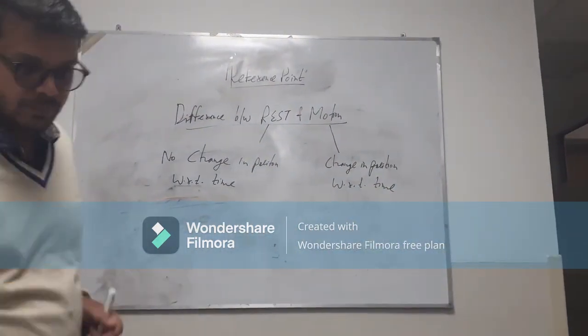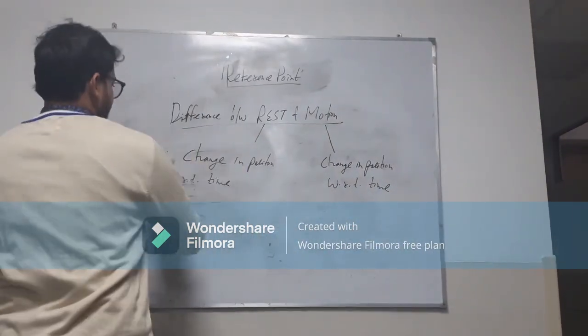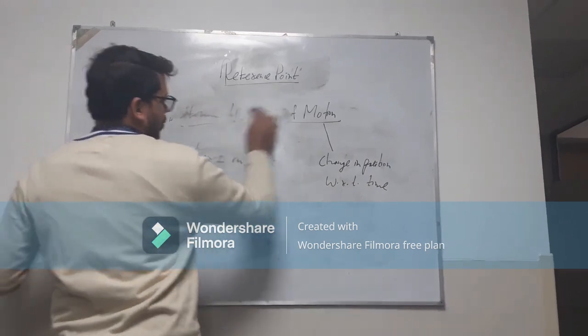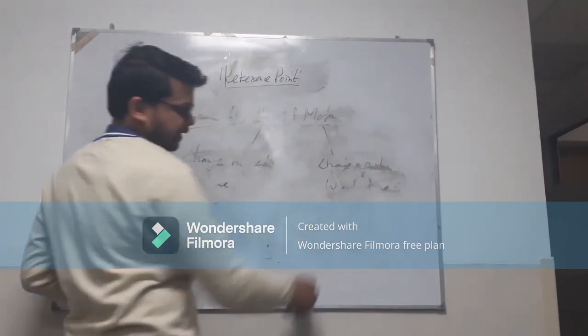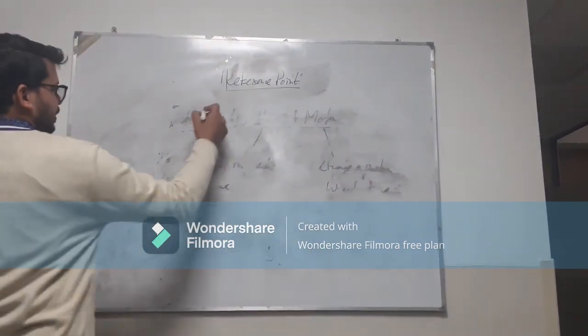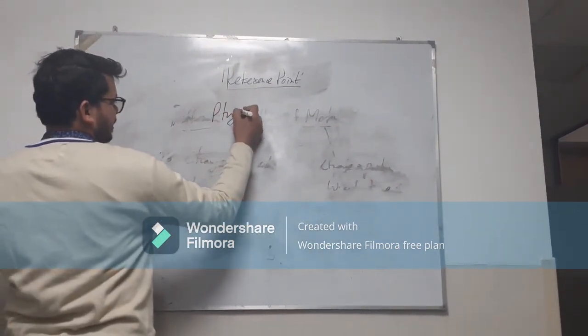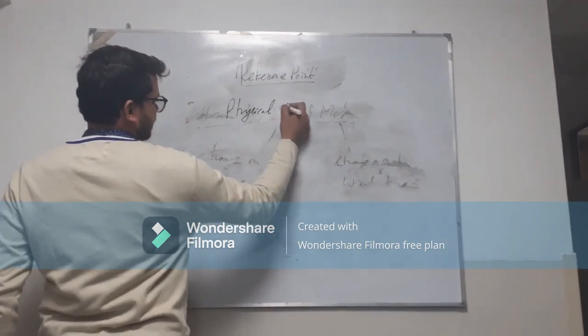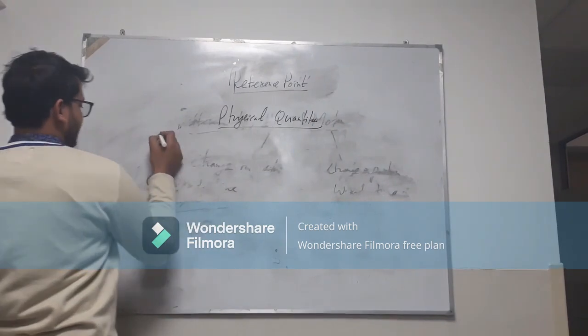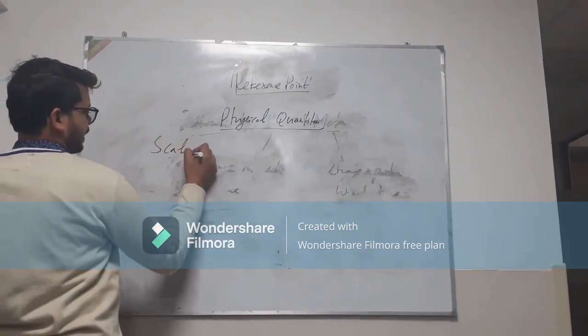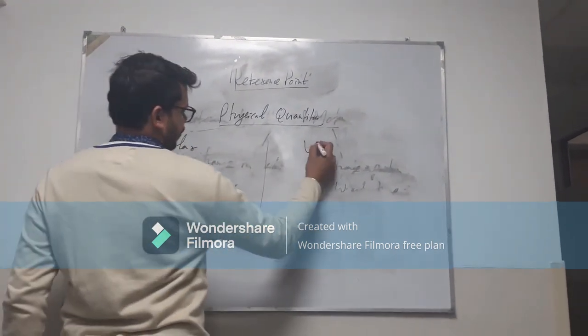Now, for the displacement topic, I will explain about scalar and vector physical quantities. There are different types of physical quantities: scalar quantity and vector quantity.